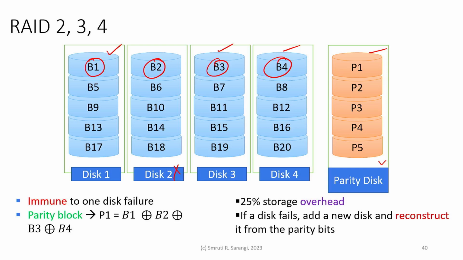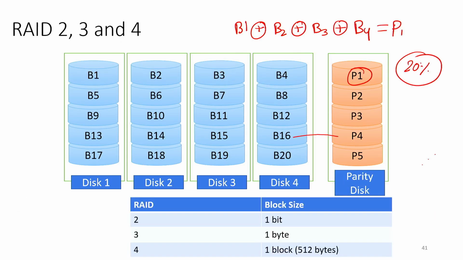Furthermore, it is improving bandwidth, but of course I didn't say what RAID 2, 3 and 4 are for. The idea is that RAID 2 and 3 are not used, and you will see why not, but you can always find a specialized situation in which they will be used. So RAID 2 stores 1 bit, which means that this B1 is 1 bit, B2 is 1 bit, so this is bitwise.